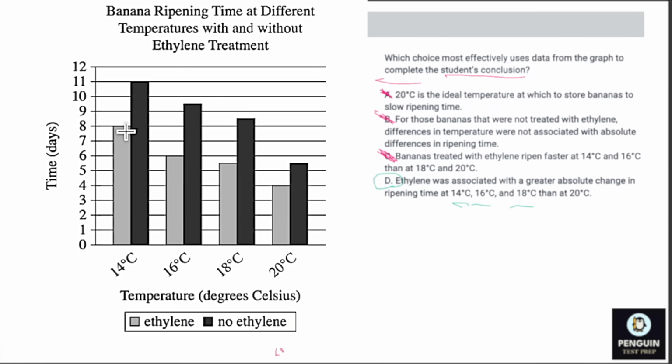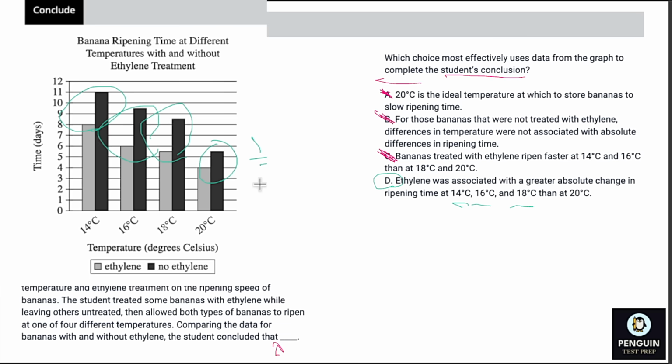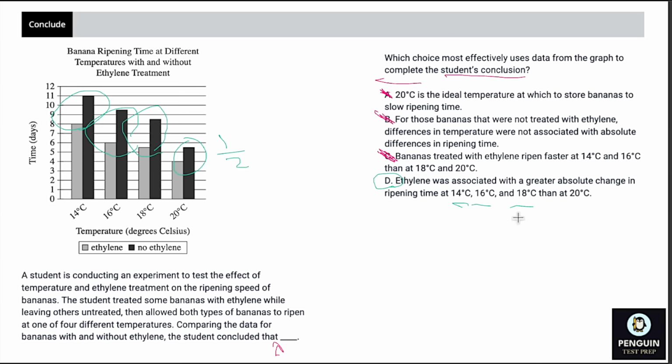So if we look at 14, we have 8 compared to 11, so that's 3 hours. 16, we have 6 compared to 9.5, so that's also roughly 3 hours. 18 degrees, we've got 5.5 and 8.5, so again, that's 3 hours. But then at 20, it's 4 versus 5.5, only 1.5 hours. So that's gonna be half the difference compared to those other ones. So that's what it's saying for choice D. But again, if we eliminate the first 3, it doesn't even matter, right?